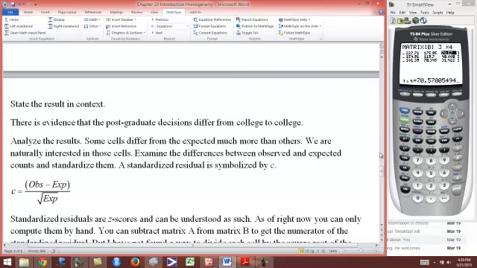So the standardized residual for a given cell is observed minus expected divided by the square root of the expected. Now the standardized residuals are z-scores and can be understood as such, which means they measure how much a given cell differs from the mean.